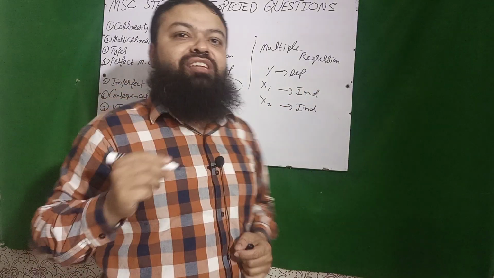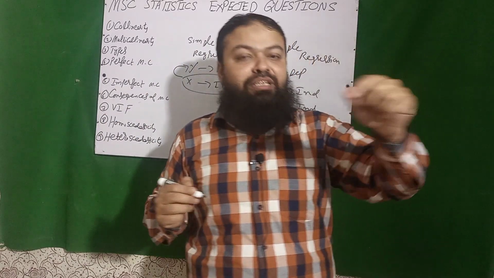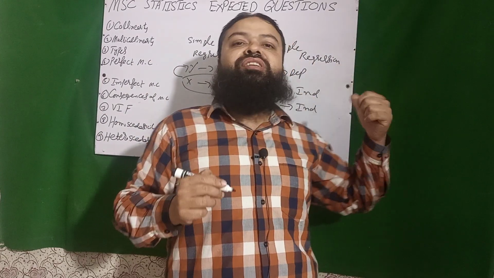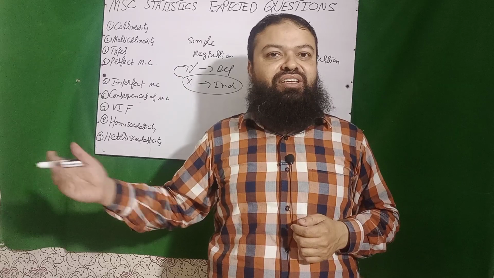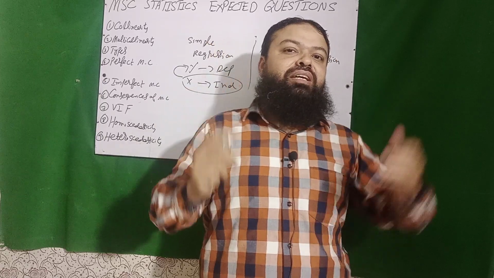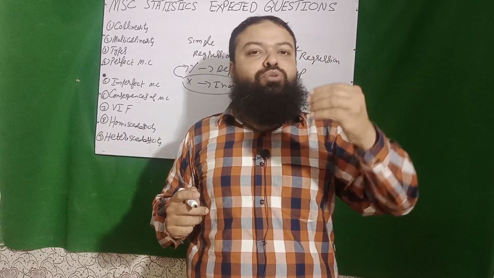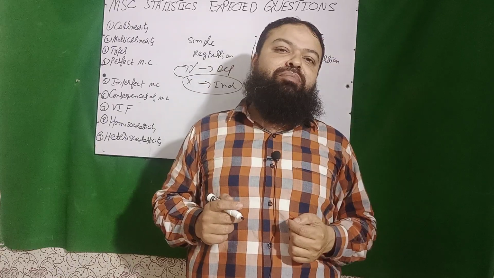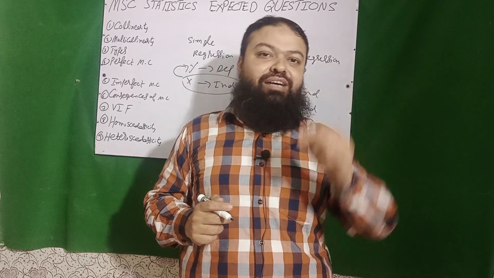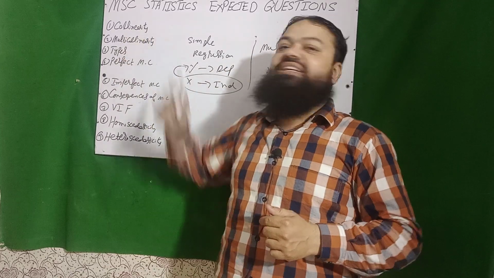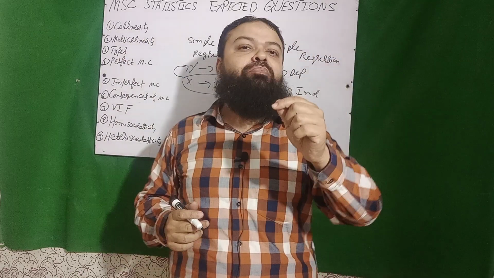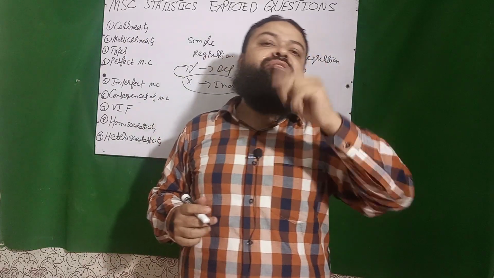These are the important concepts, basic concepts, and multiple choice questions can be asked from all these concepts. In simple regression, we have one independent variable. In multiple regression, we have two or more than two independent variables. Now I will come to the point. I will draw your attention on collinearity. It is the relationship between two independent variables.